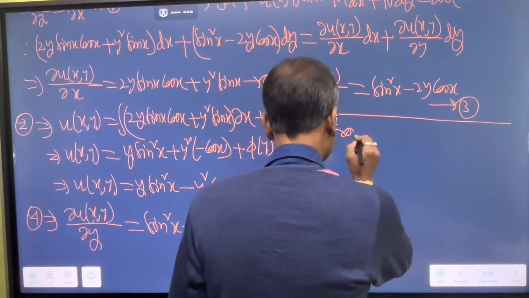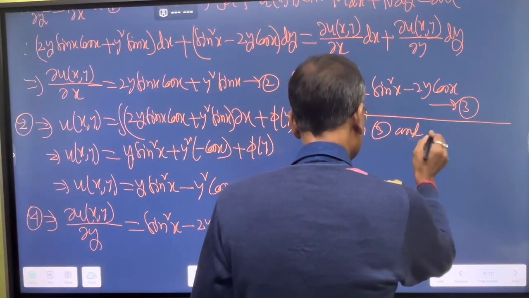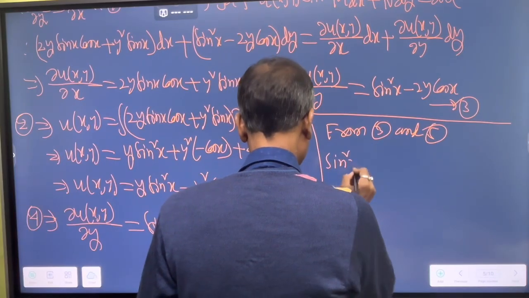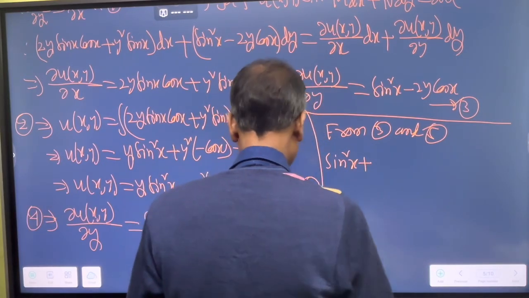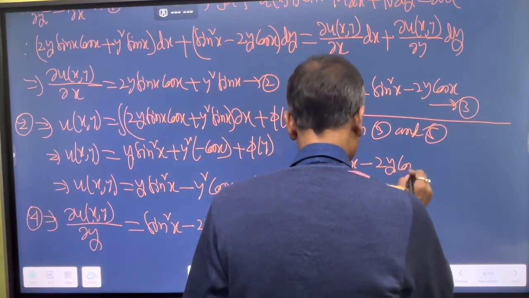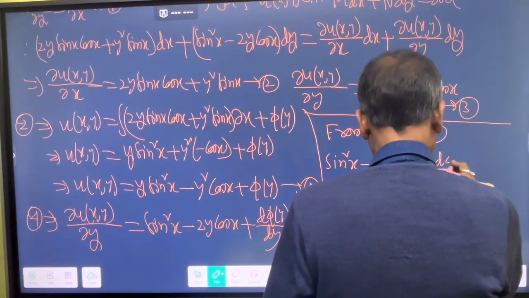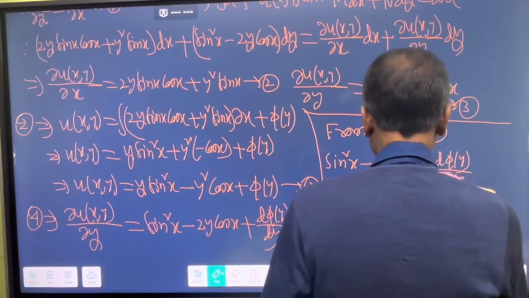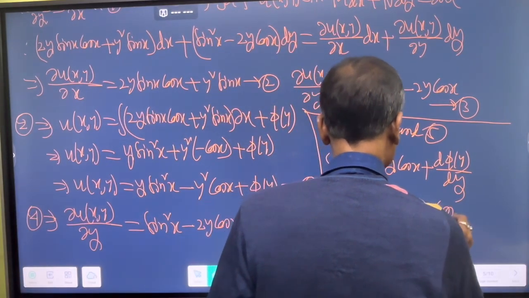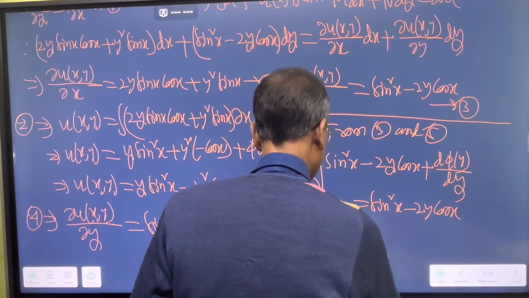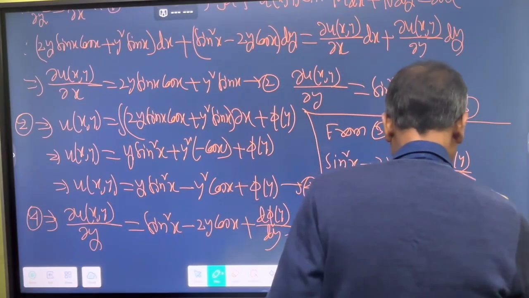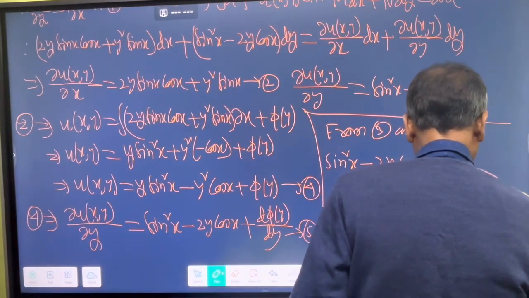From 3 and 5, you see sin square x plus minus sin square x and minus twice y cos x plus d pi by dy is equal to sin square x minus twice y cos x. This means d pi by dy equal to 0. It will be 0. This means pi y will be equal to constant.